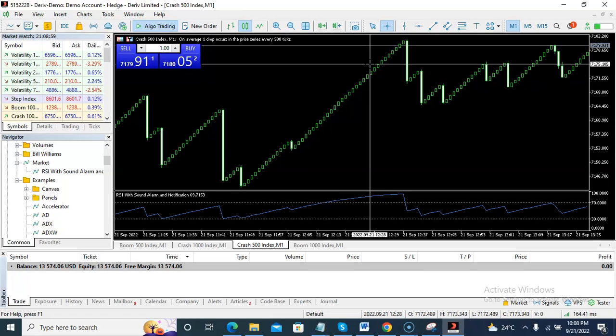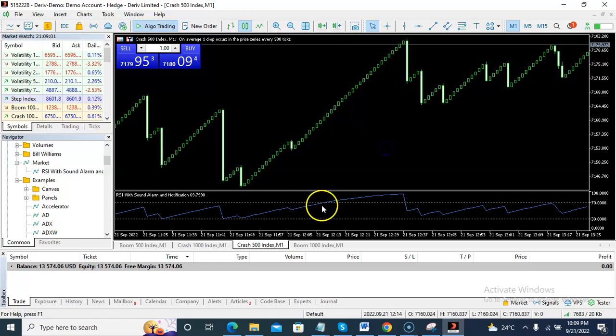That's the RSI. This indicator, like I said, is a custom indicator, and I'll put a link in the description on how you can download it, because the advantage of this indicator is that it has a sound alert. You don't need to just use the normal RSI indicator on your MT5, because when you make the settings, there is no alarm on it.